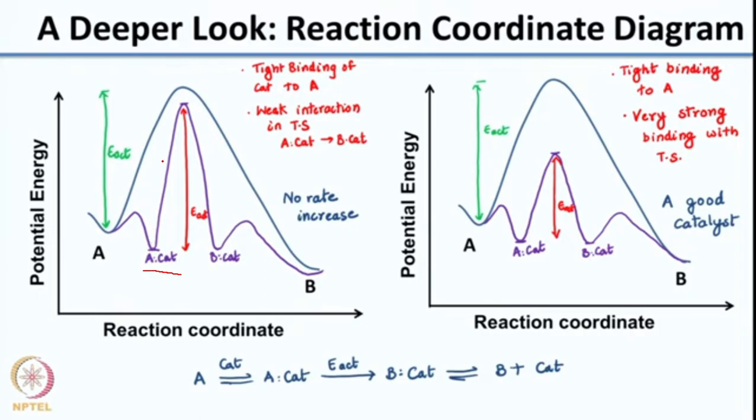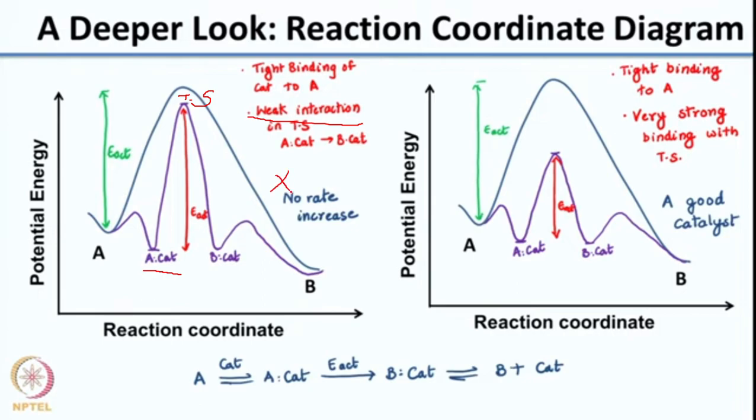Weak interaction means less stability, and less stability means higher energy. So the transition state energy will become high. Again you can observe the activation energy difference, so there is no change in activation energy.